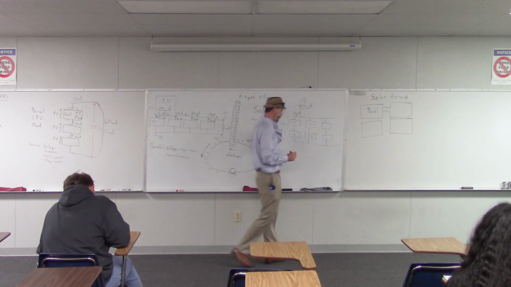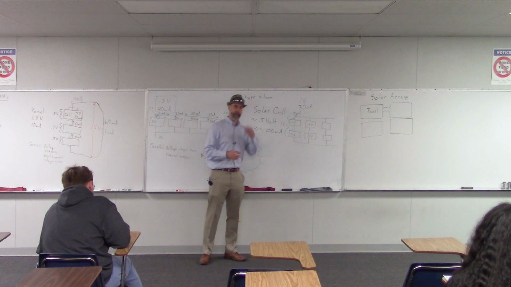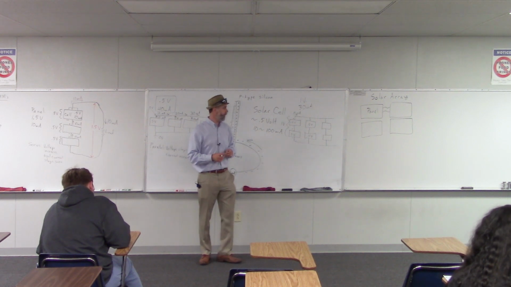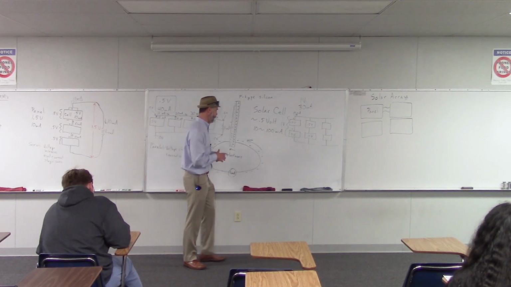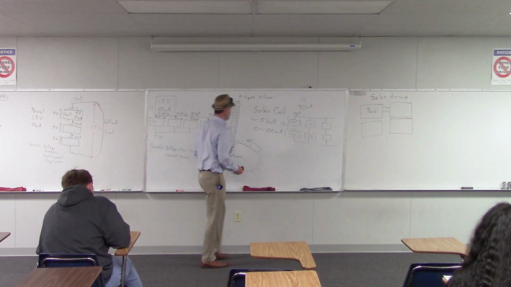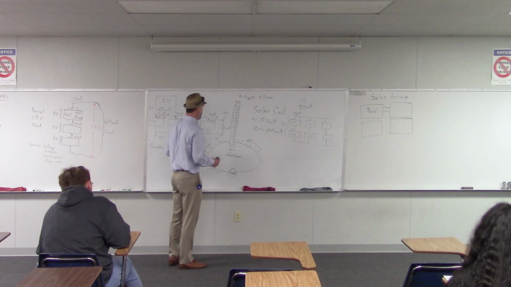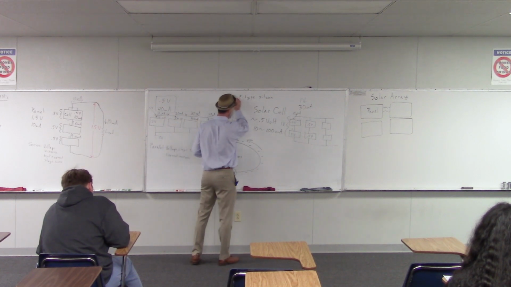And that's also what goes on inside of solar panels. I don't know if you've looked closely at a solar panel before, but if you look closely, you can actually see the different cells wired in series and in parallel.